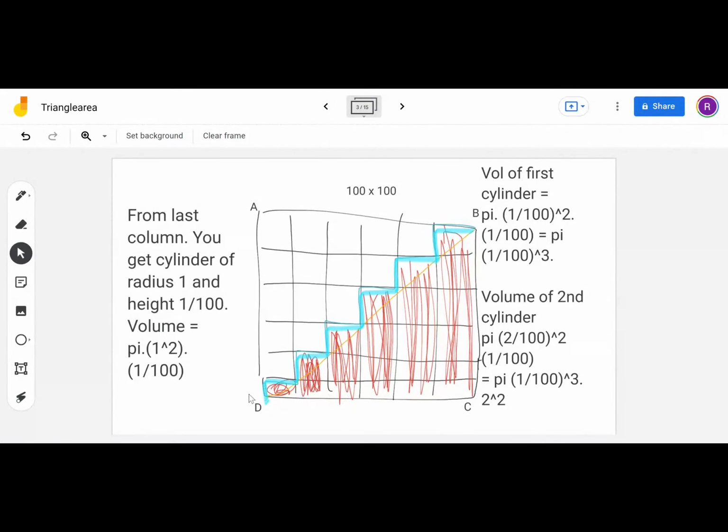If we take 10 steps, 10 columns, then I will get this extra over the area of the triangle. And if I take 1000, then I will get very small steps. In which case is it closer to the area of the triangle, 1000 or 100? As I go from 100 to 1000 to a million, will it get closer to the area of the triangle, or farther from it?